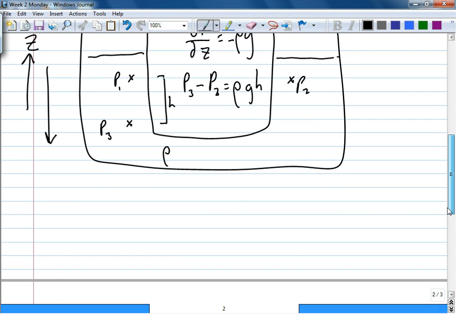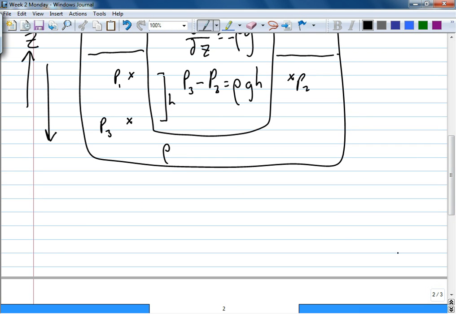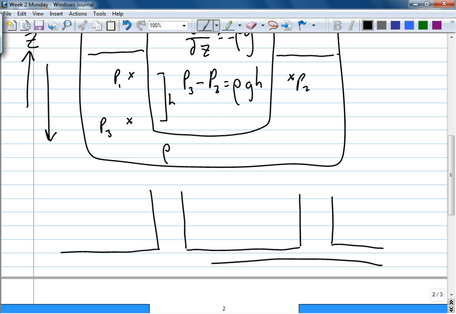Now let's think about it like this. If you have a pipe, and let's say there's no flow in the pipe. This one has water inside.